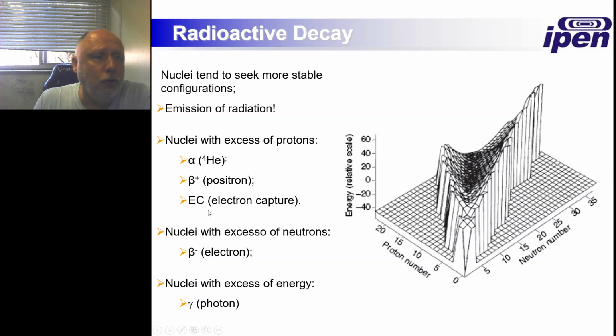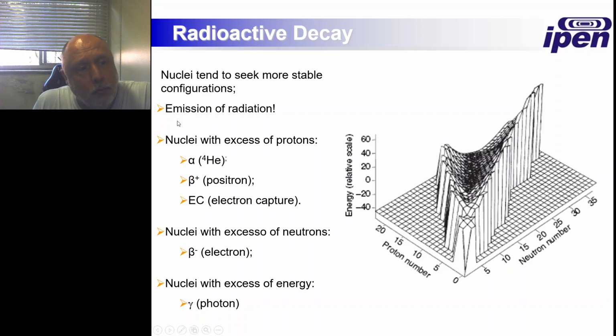So nuclei always tend to seek more stable configurations. As I told you, they want to be in a stable condition and release their excess energy for the universe to use. You could almost think of a nucleus as a socialist. It wants energy to be available for the most and not only for itself.